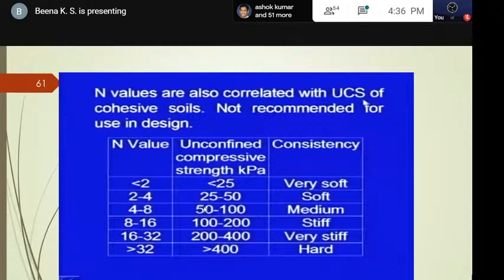For 2 to 4 it is soft soil, and 4 to 8 it is medium. For 8 to 16 in clay soil, the UCC value is 100 to 200 kPa, so we put it as stiff soil. N value from 16 to 32 is very stiff, and for N greater than 32, the unconfined compressive strength is greater than 400 kPa. It's a pretty good soil, hard soil.